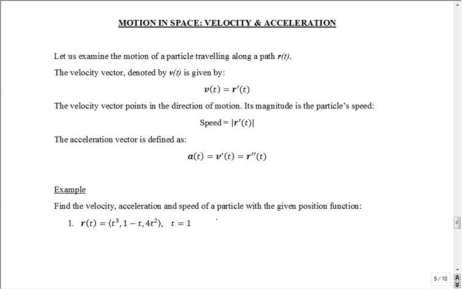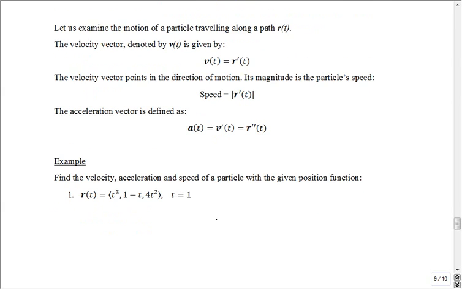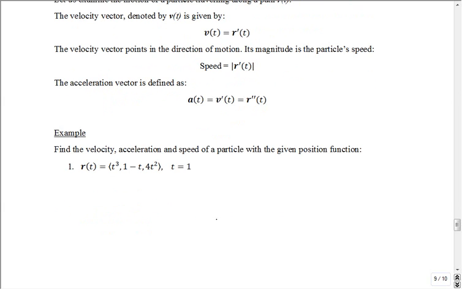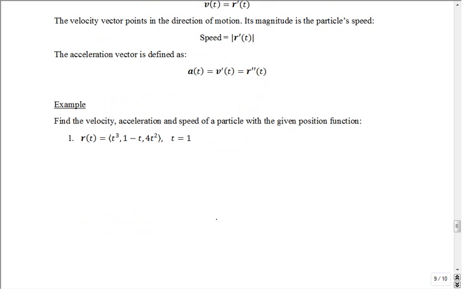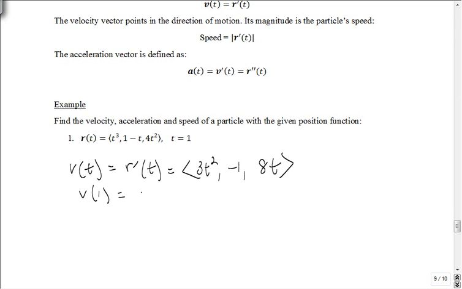So let's do some questions here. Find the velocity, acceleration, and speed of a particle with the given position function r of t, at t equals 1. Velocity first. Velocity v of t is equal to r prime of t, which is 3t squared, minus 1, 8t. And so v of 1 is 3, minus 1, 8.